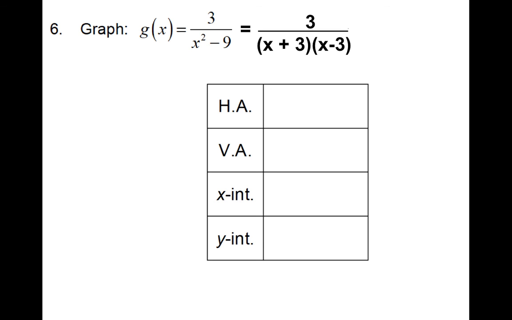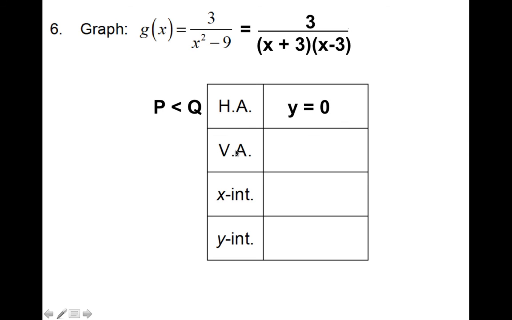Notice how nothing cancels, so this isn't going to help us very much. So when we compare for our horizontal asymptote, notice the exponent on top, p, is less than our exponent on the bottom, 2. So if p is less than q, then we have a horizontal asymptote of y equals 0.